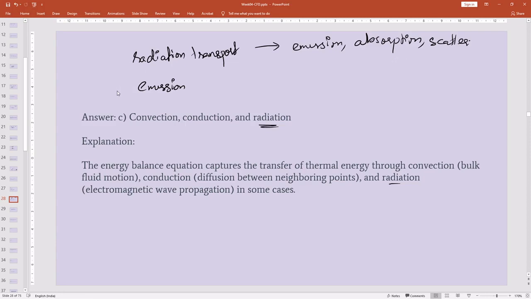I'm not writing the actual equation here, just giving an idea. The radiation emission is balanced by absorption. Suppose there are two bodies, an emission plate, or we have different walls. I'm not joining them because it can have any shape. Suppose these are four walls, one, two, three, four.